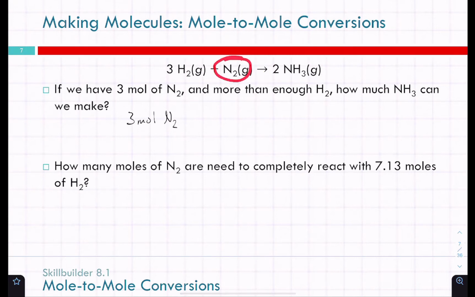So for every 1 mole of nitrogen, we can make 2 moles of ammonia. So we can use the ratio, right, so every 1 mole of N2 will give us 2 moles NH3.